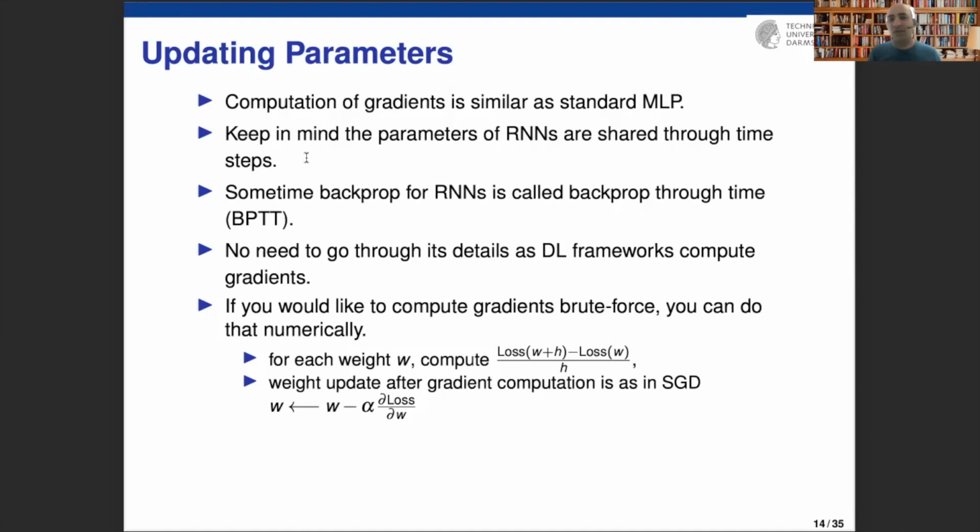For each weight, like W, you compute the gradient by computing the difference between the values of the loss for one weight and a slight change in the weight, and then you update the weights after gradient computation the way you do in stochastic gradient descent.